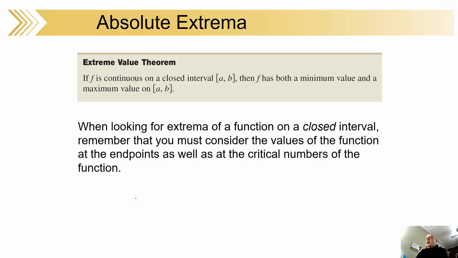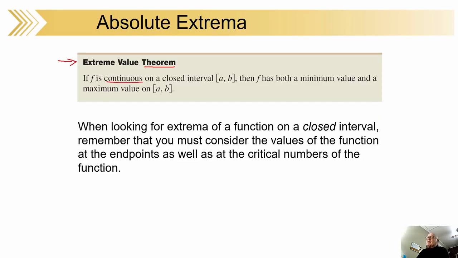Now, in regular calculus, as opposed to business calculus, you're going to be more concerned with theorems, maybe proving some things. This one is just here to tell you something that might seem obvious, but might not be.